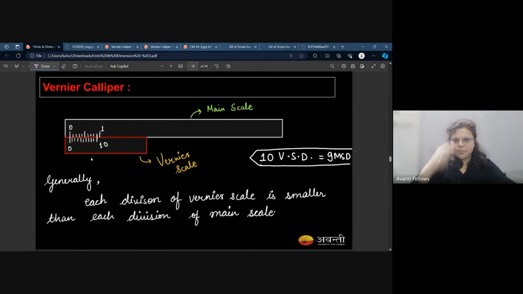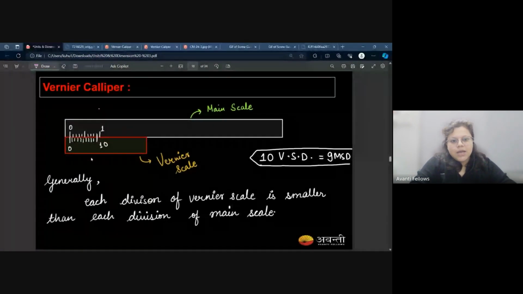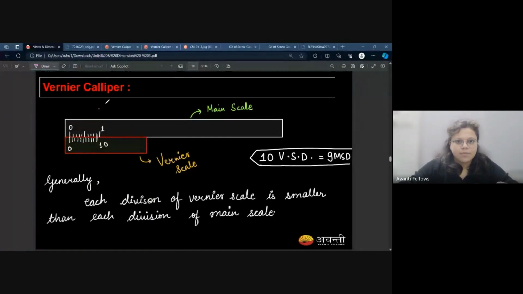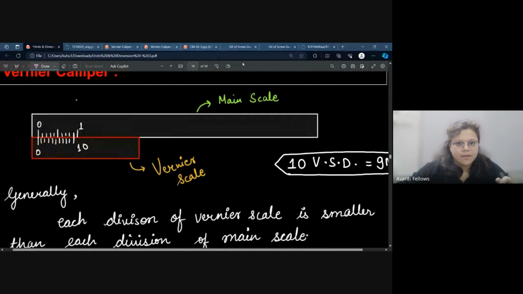Let's come to the vernier caliper. I've already mentioned the main scale and vernier scale. Now just focus on this thing over here. Can you see that there are 10 divisions? Let me zoom in. Okay, can you see it?